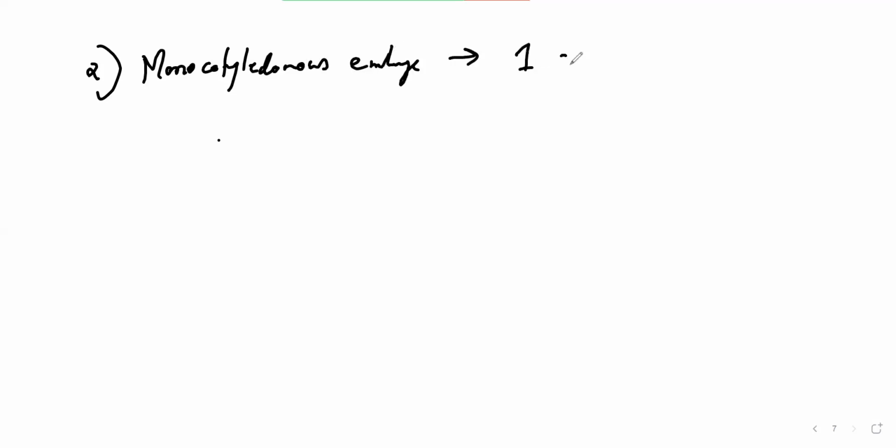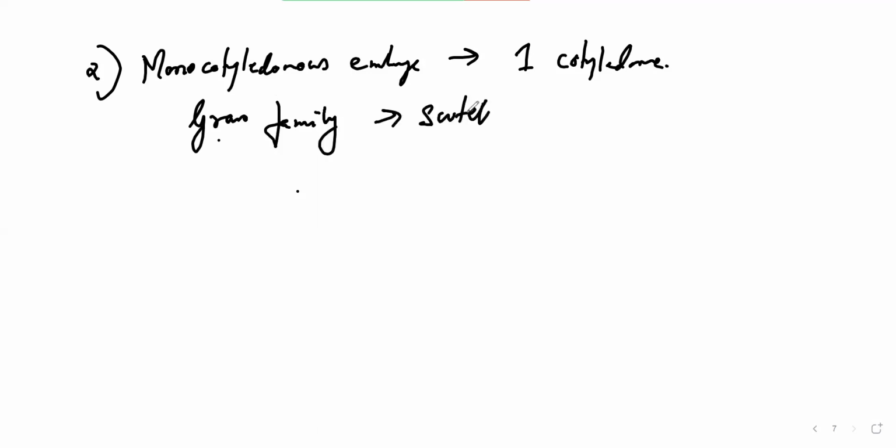In the same way, in the monocotyledonous embryo, only one cotyledon will be present. Mainly, you can take the example of the grass family, where the cotyledon is termed the scutellum. In the grass family, only one leaf-like part will be there.